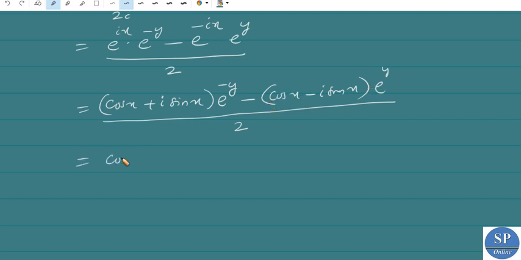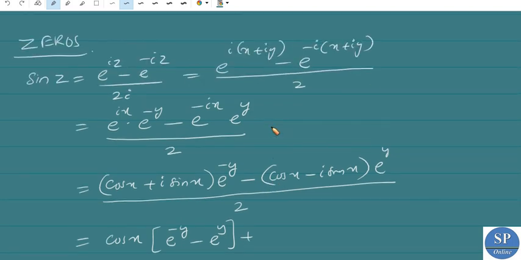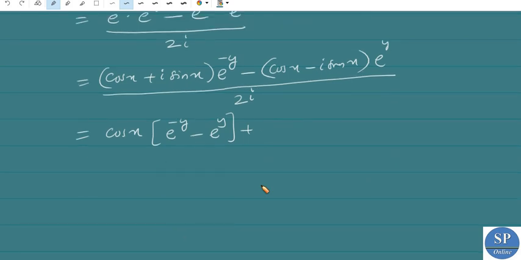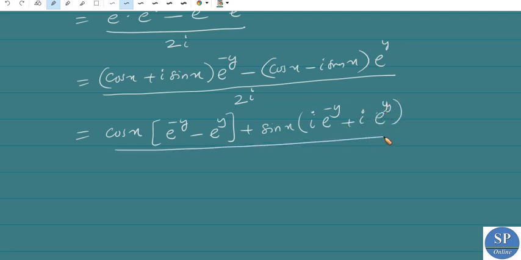Taking cos x outside, we have cos x (e^{−y} − e^{y}), plus, taking sin x outside, we get i (e^{−y} + e^{y}), all divided by 2i.